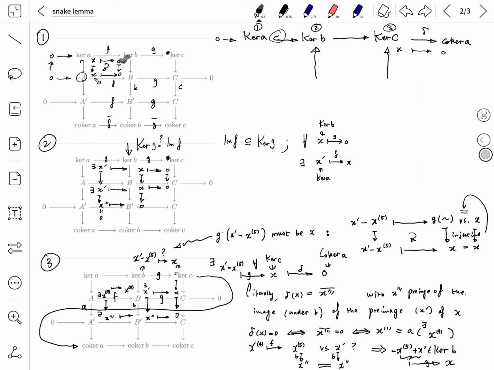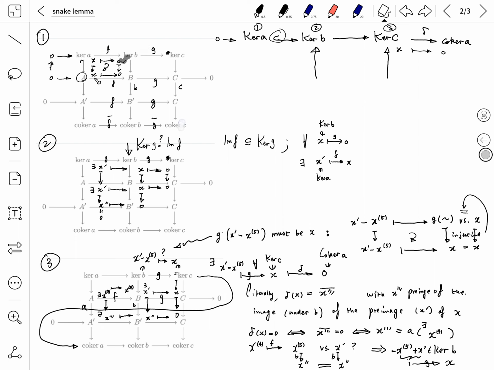So let's look at the second position. So this position here, let's check this. Let's not make confusion with the notation, kernel f and kernel g is not good notation.